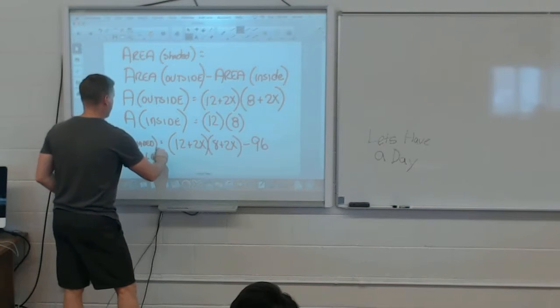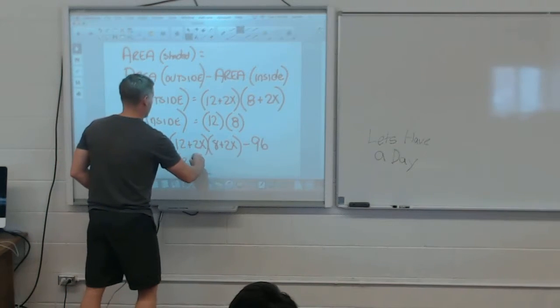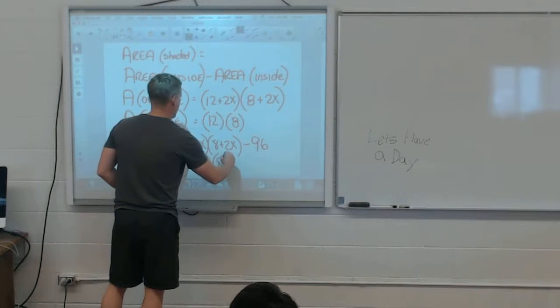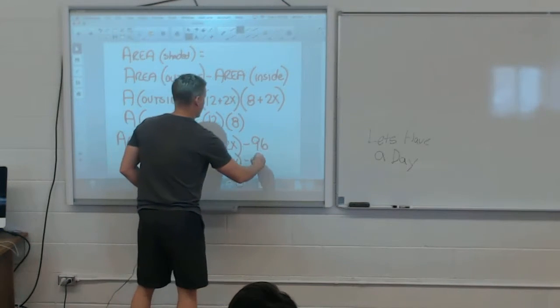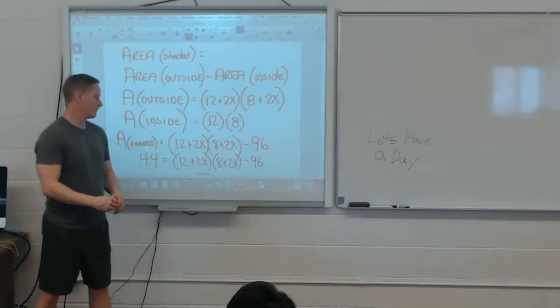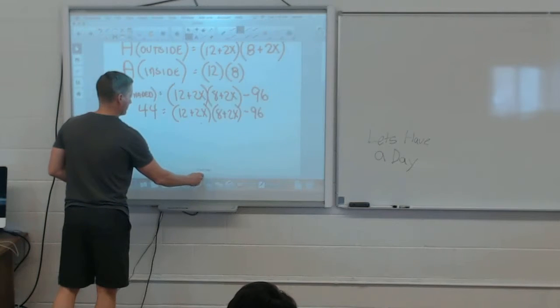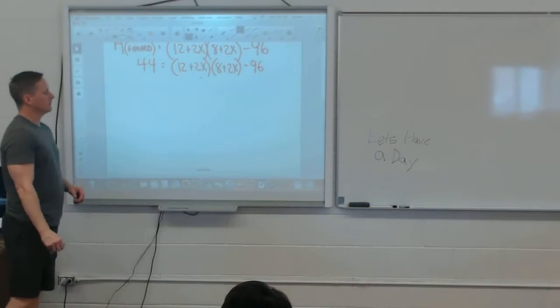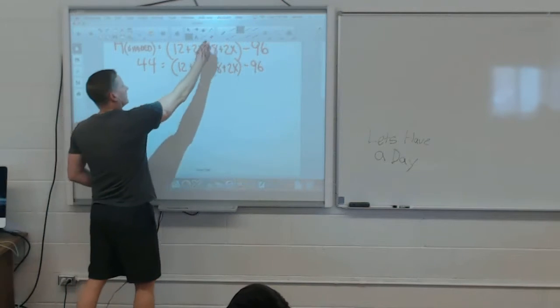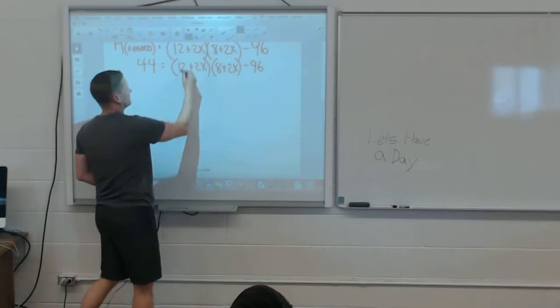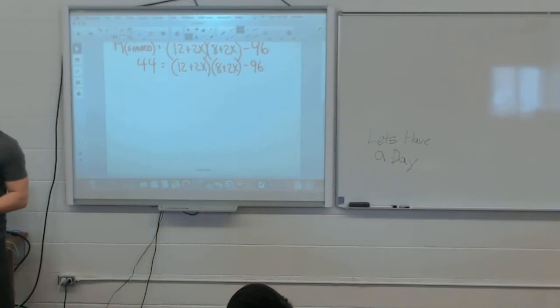So 44 is equal to 12 plus 2x times 8 plus 2x minus 96. All right? So again, now it's just a case of get it equal to 0, FOIL it out, and then factor in the end.